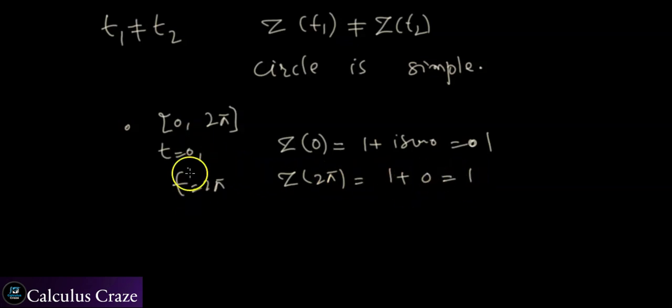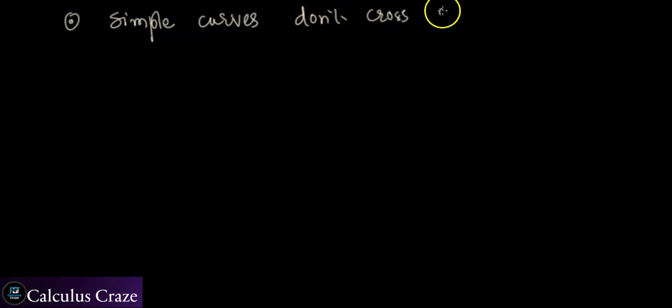So they can coincide at the endpoints, but for other t1 not equal to t2, z of t1 is going to be different from z of t2. This is how you can define a simple curve, right? In other words, simple curves do not cross themselves.